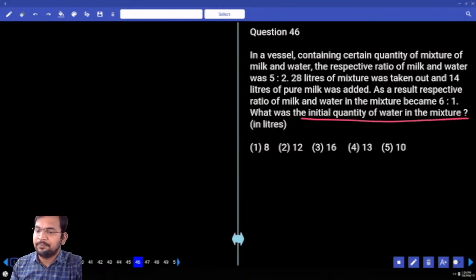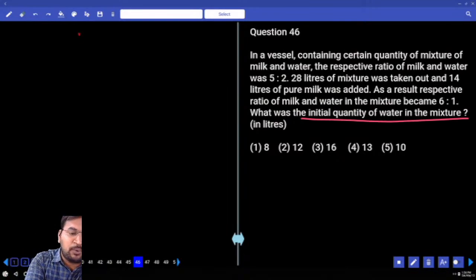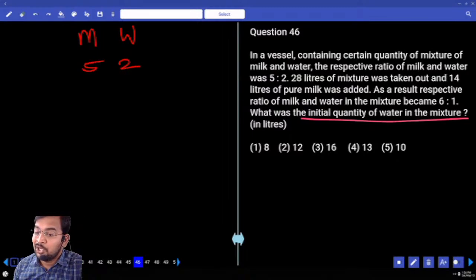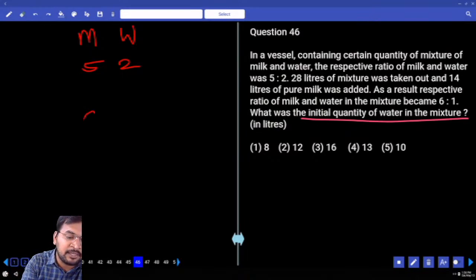Check it here, all of you. In a vessel, the initial ratio of milk to water is what? 5:2, na? 5:2. 28 liters of mixture was taken out and 14 liters of pure milk was added. Milk was added. Mixture is taken out. So that is the reason the new ratio becomes 6:1.